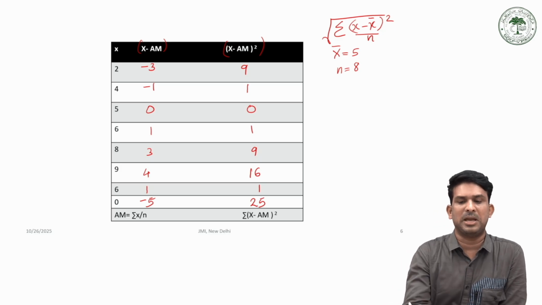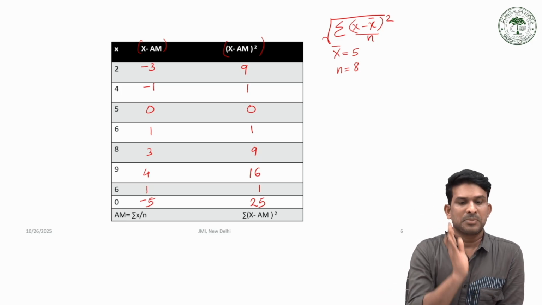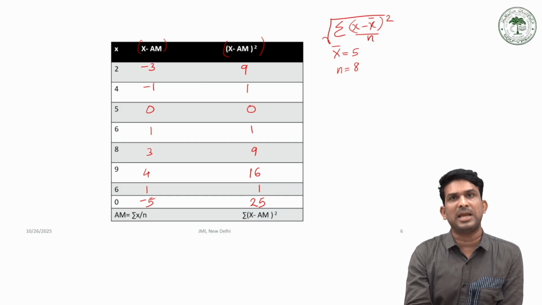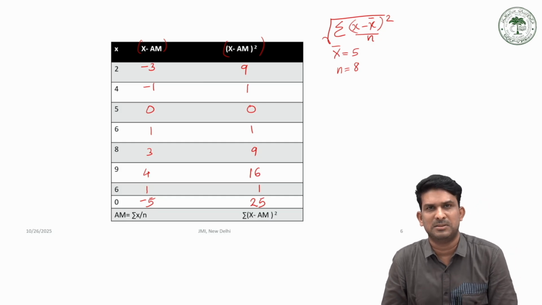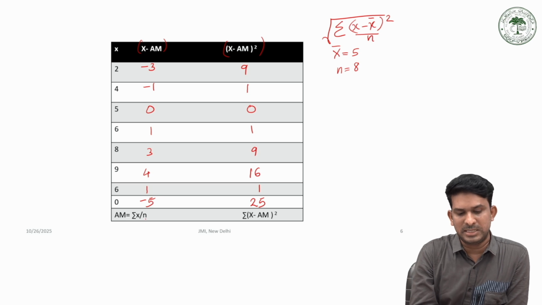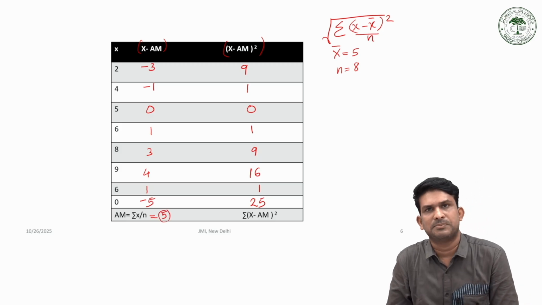That is x minus x bar the whole square. Once again, what have we done? Arranged the observations in a tabular format to write the further part of the calculation. We have seen sigma x by n, that is arithmetic mean. What we got in the previous slide, 5, is the arithmetic mean.